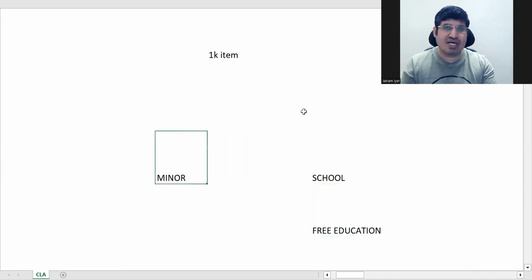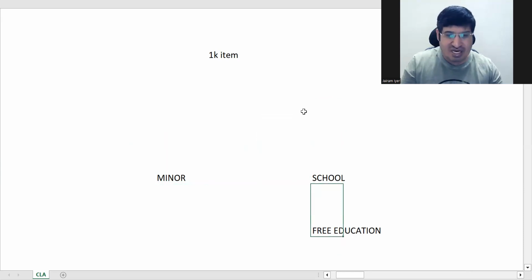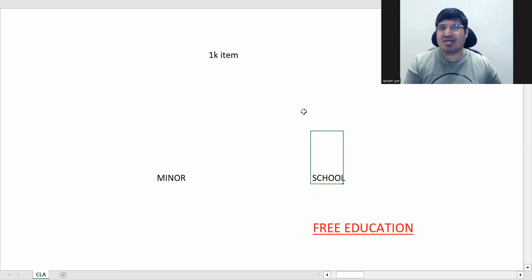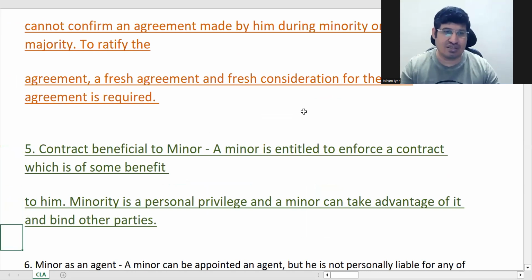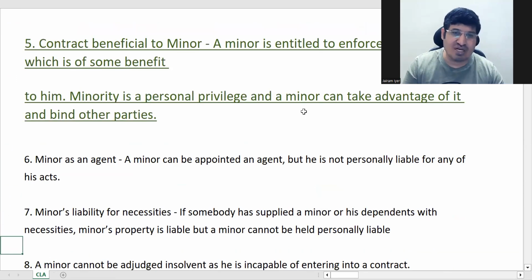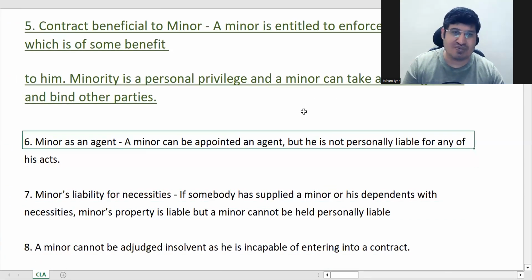Later on, it was found that he is a minor, so the contract got cancelled. But when the contract gets cancelled, this free education will not get cancelled. It's a personal privilege, and whatever advantage he is getting out of the contract, he can take it. So you can see how much privilege a minor has.